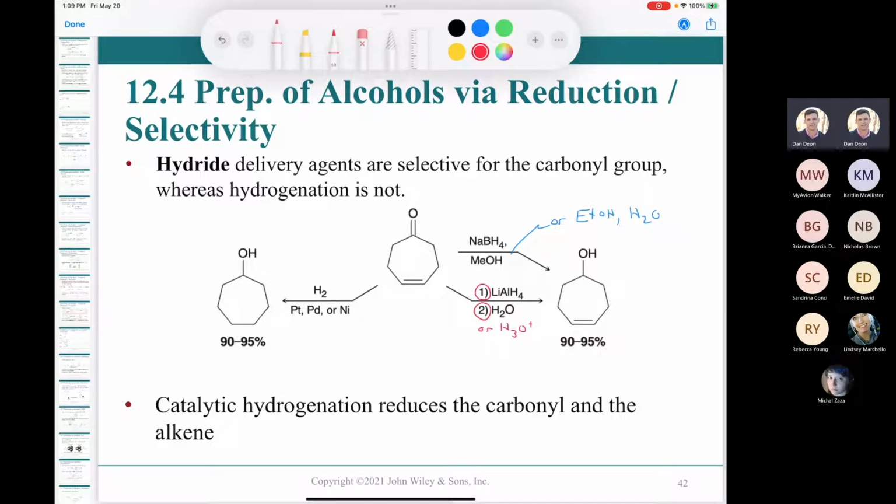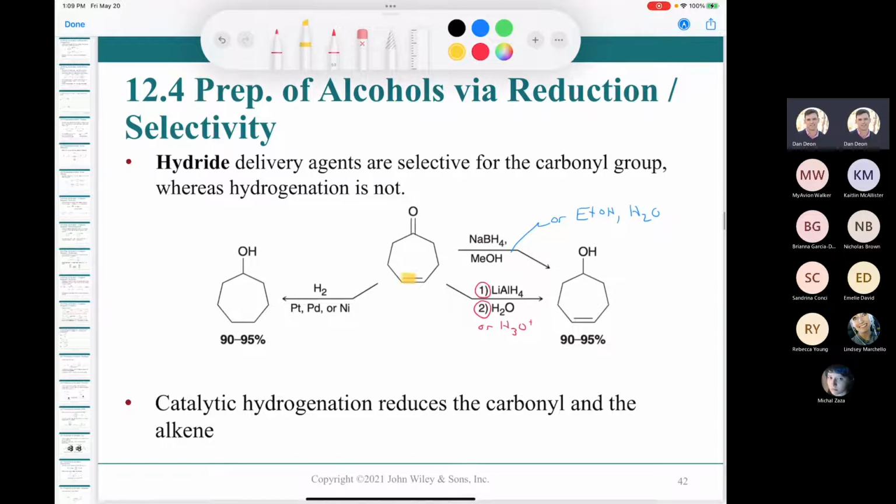What's really neat about these borohydride and aluminum hydride reagents is that you can reduce a ketone or an aldehyde in the presence of an alkene. The alkene doesn't get reduced. If you use the other method of reduction of a ketone or aldehyde, which is just plain old hydrogenation, well, we learned way back in the alkenes chapter of Organic Chemistry 1 that an alkene can be reduced in the presence of hydrogen with a catalyst like palladium, platinum, or nickel.